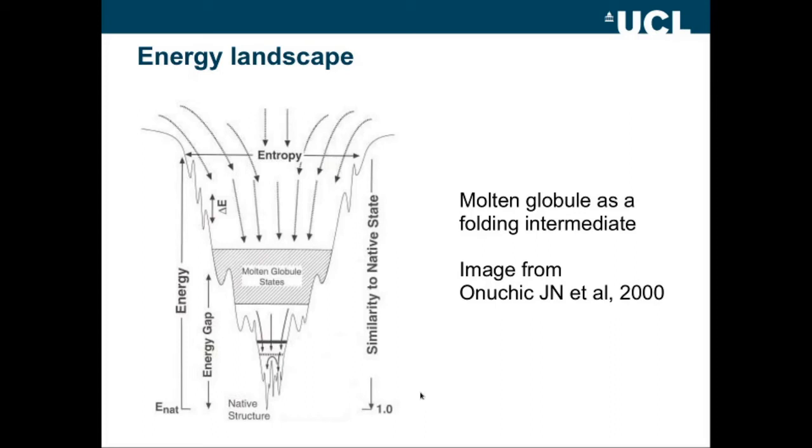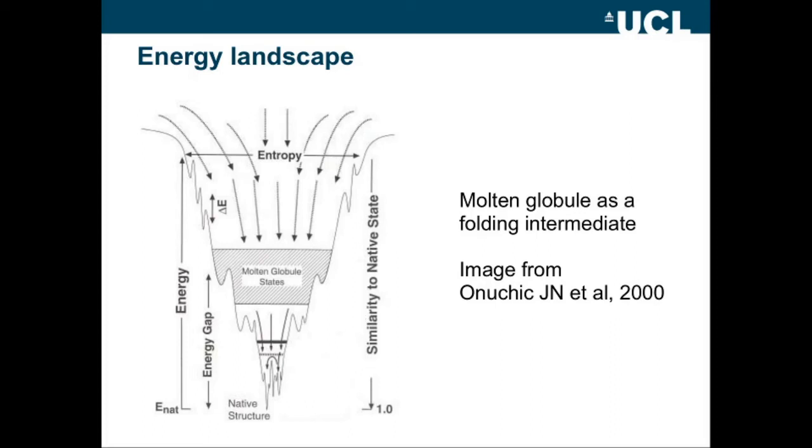This is basically the same diagram again, but here it's suggesting that these states in the middle are all molten globules. So we're going through this partially folded state in order to get to the native structure here. In other words, molten globules are clearly, on this basis, intermediates in that folding pathway.